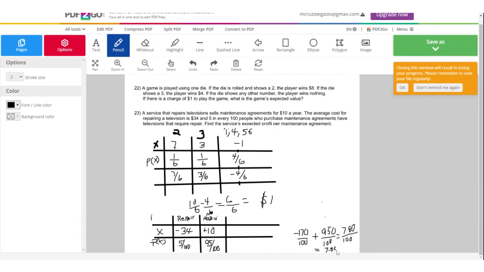It's positive, so that's expected profit per maintenance agreement.